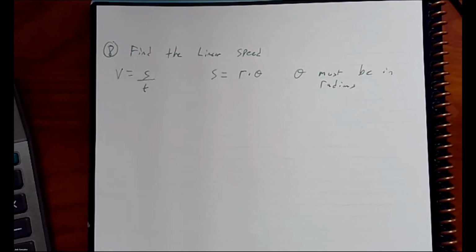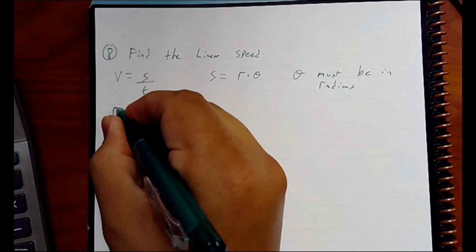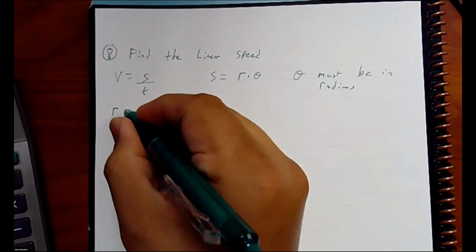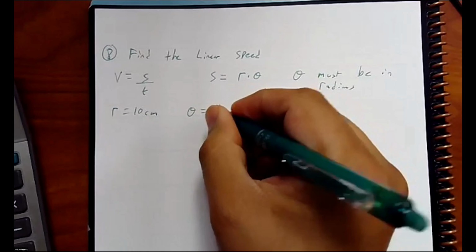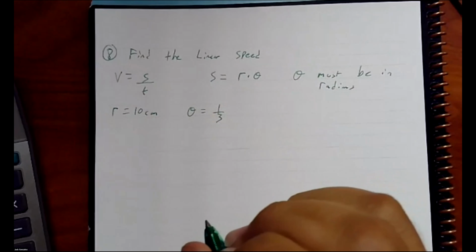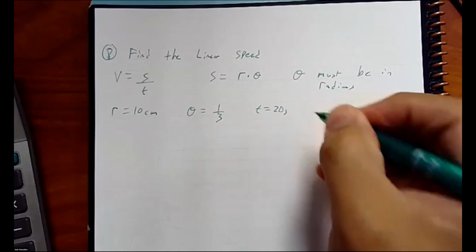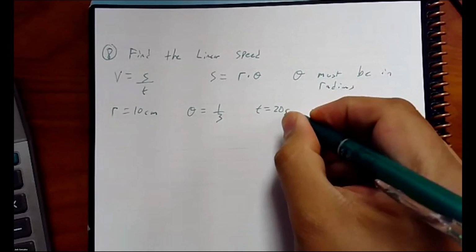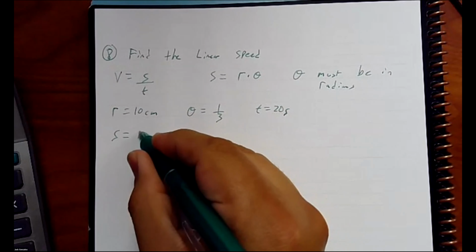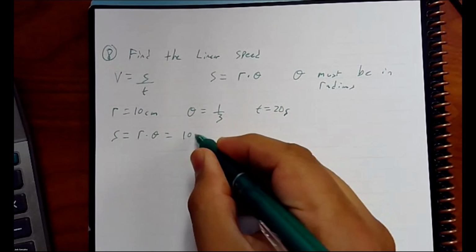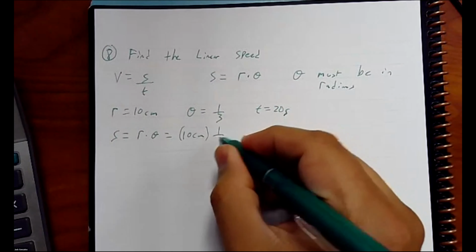Okay. So we have R, we have theta, we have time, 20 seconds. So S would be equal to R times theta, which is 10 centimeters times 1/3.